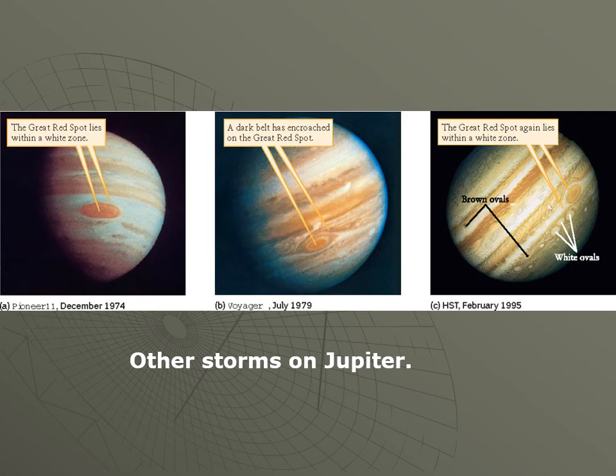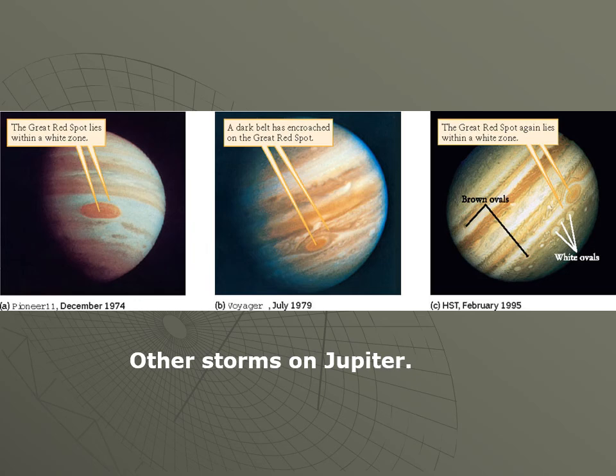There are other storms there, little white ovals that are little clouds, white storm clouds there. These are also quite large. Some of them can be almost the size of the Earth. And so I say little storms, they're only little compared to the Great Red Spot.